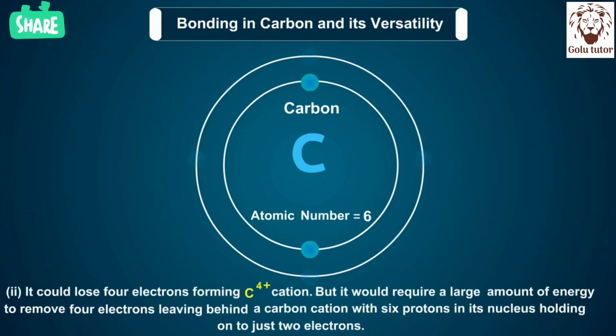Second, it could lose 4 electrons forming C4+ cation. But it would require a large amount of energy to remove 4 electrons, leaving behind a carbon cation with 6 protons in its nucleus holding on to just 2 electrons.